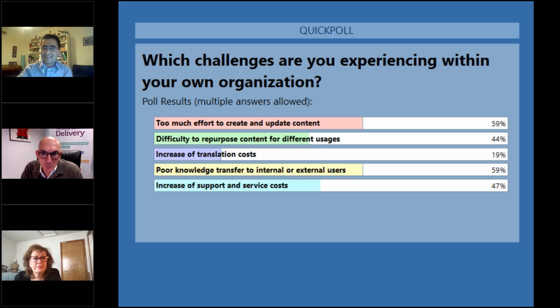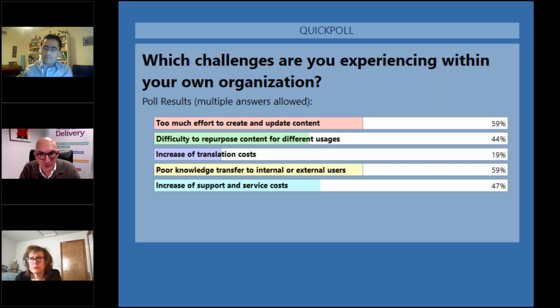So obviously the first two main problems that you encounter, at 60% both, well, 59, let's say 60%, are too much effort to create and update content, and then poor knowledge transfer to internal and external users. So it's basically creating, updating and delivering the content that are the two main challenges you have today.